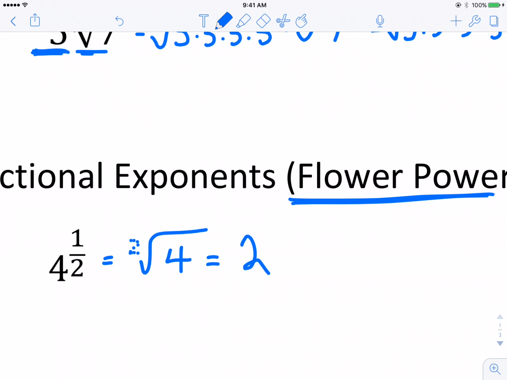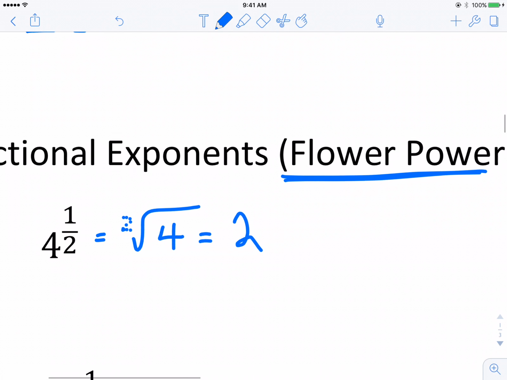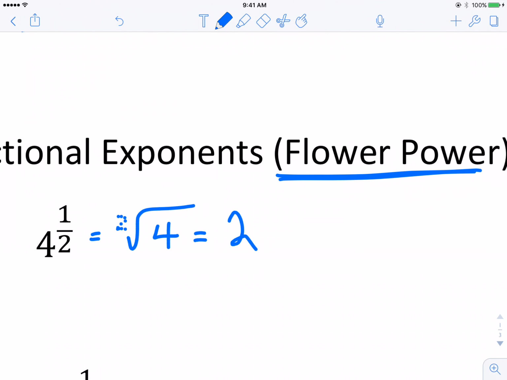Now, when we get into fractional exponents that don't have a numerator of 1, really what we're doing here, and you've seen this already, this is also going to be the square root of 4 to the power of 1. So there's my flower, here's my root.